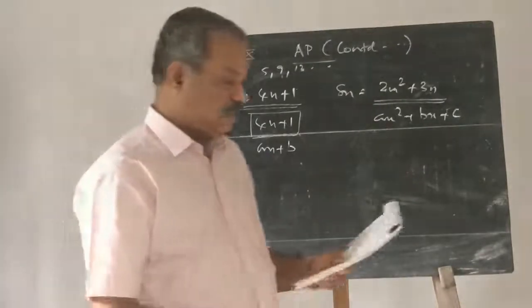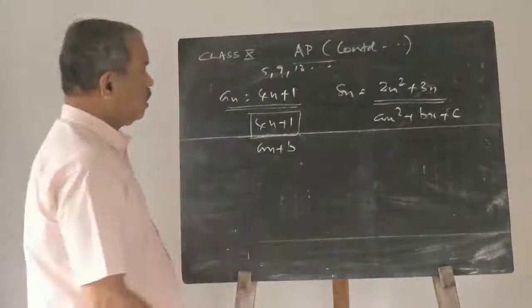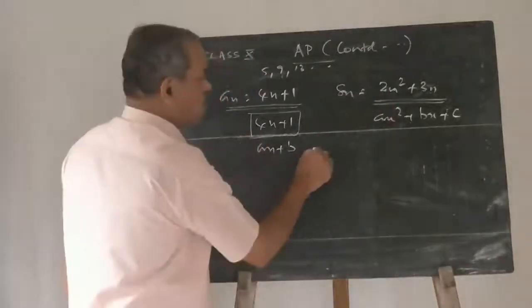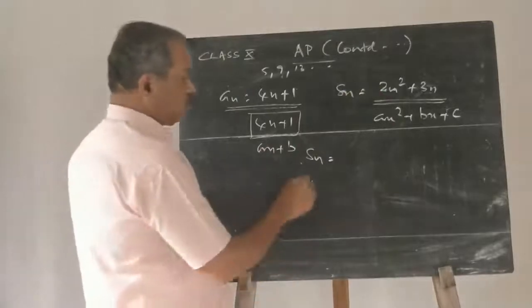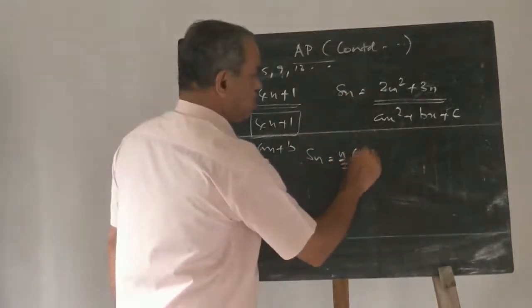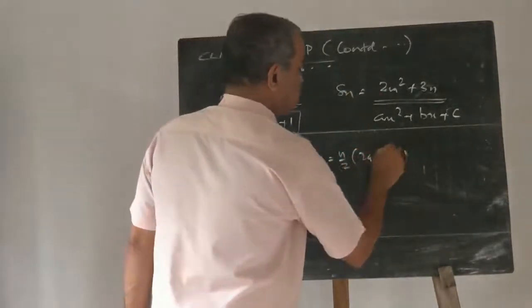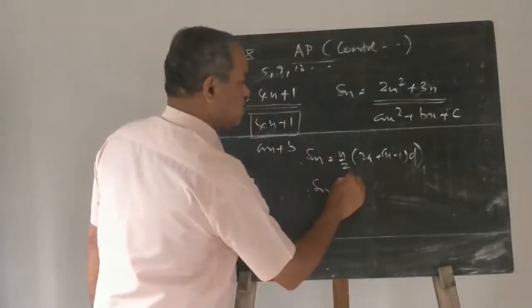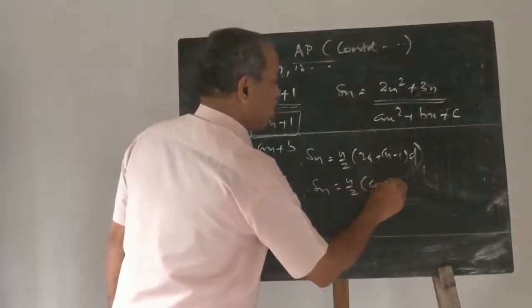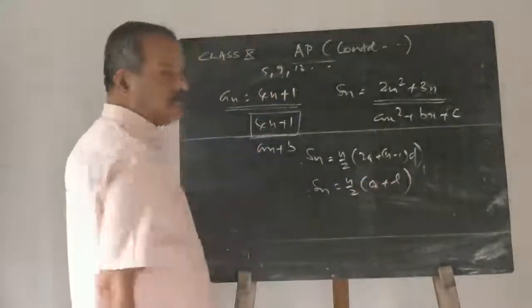Now, using the sum of n terms, another form of the equation is Sn equals n by 2 into 2a plus n minus 1 into d. Another same relation is n by 2 into first term plus last term.